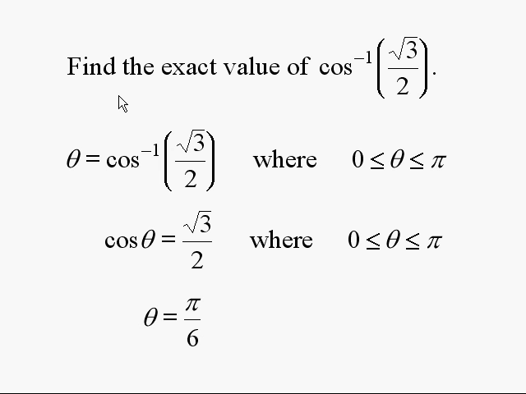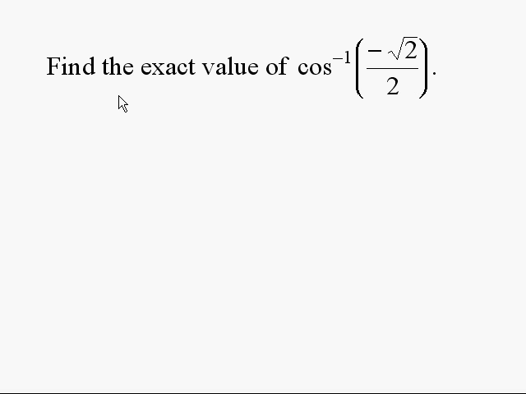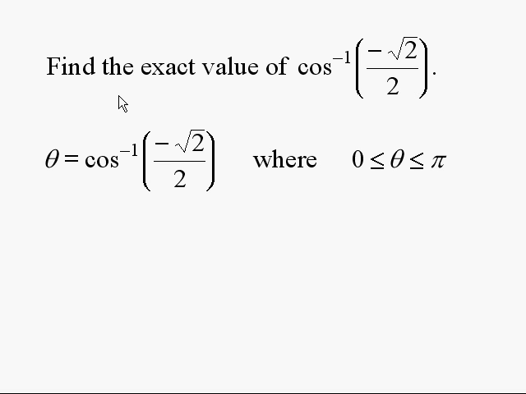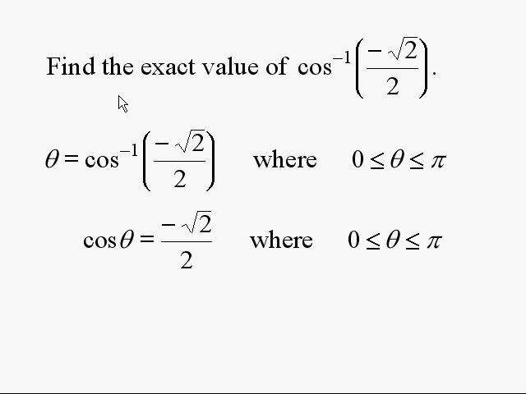Another example, how about another triangle, this time cosine inverse of minus √2/2? Well, √2/2 ought to ring a bell as an appropriate value of cosine for an isosceles right triangle with the minus out front. We just have to make sure we put the reference angle in the appropriate quadrant. So theta is cosine inverse of minus √2/2. So cosine theta is minus √2/2.